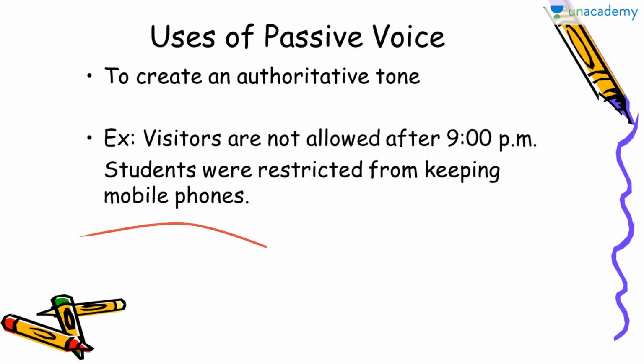It does not have anything to do with who has told this particular thing. That is the reason that passive voice is very, very helpful when you want to state something that has restrictions or that has rules, regulations, warnings or instructions.